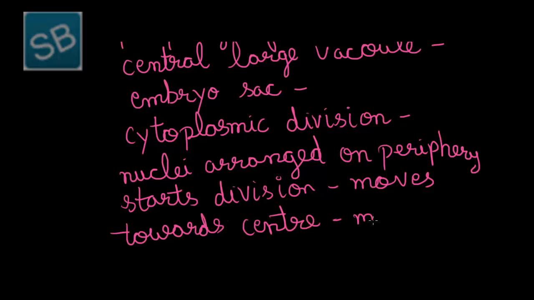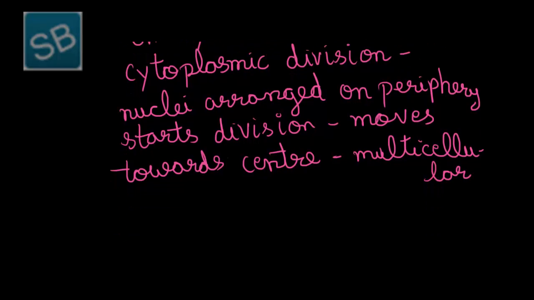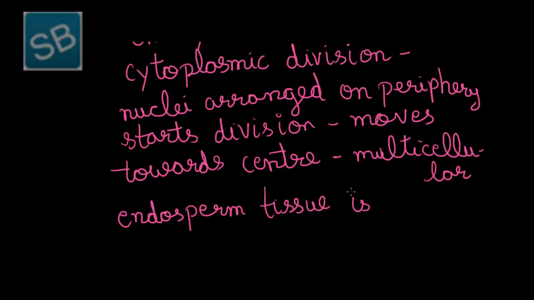And thus, as a result, a multicellular endosperm tissue comes into existence. Thus, this multicellular endosperm tissue gets formed from the primary endosperm nucleus, first by mitotic followed by cytoplasmic division.